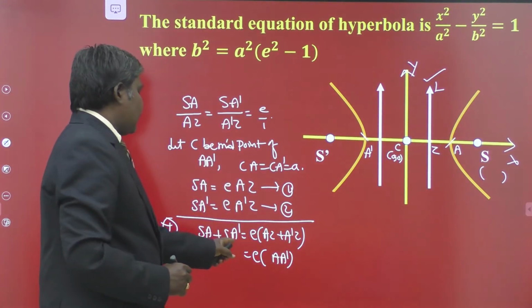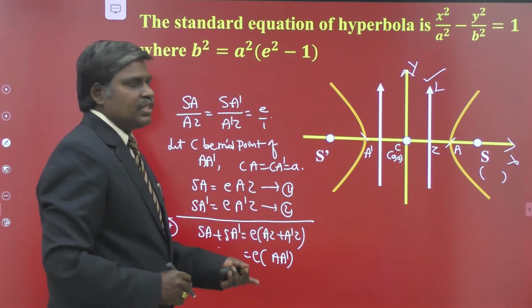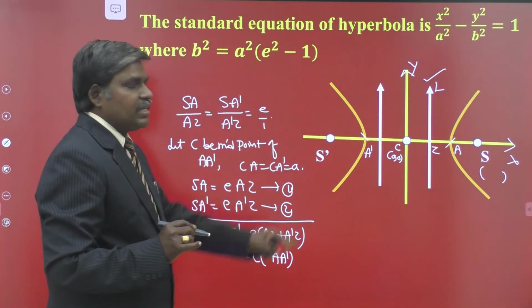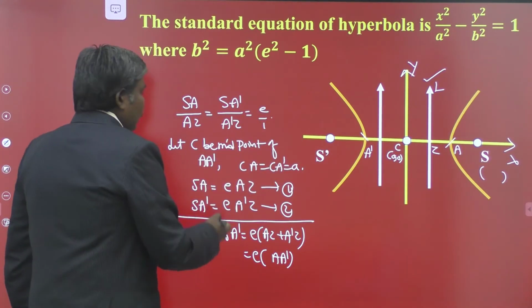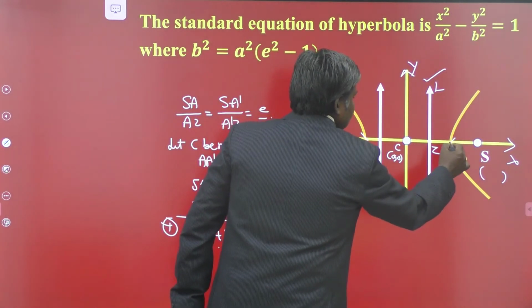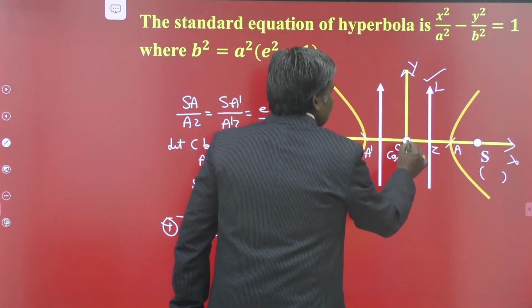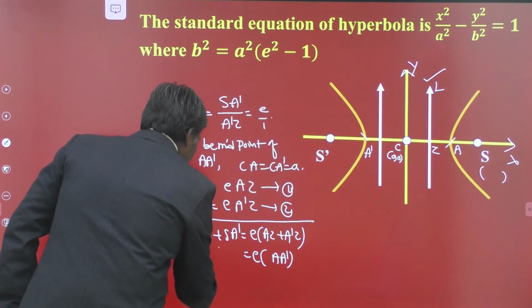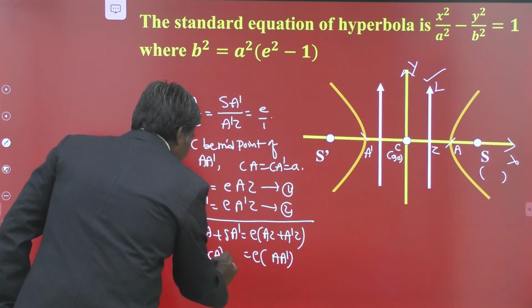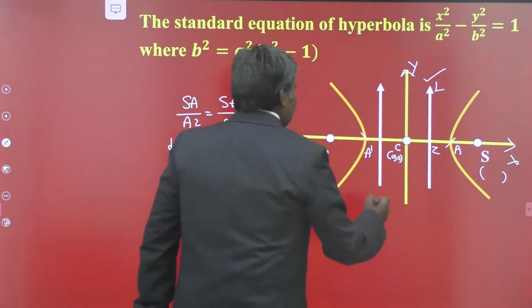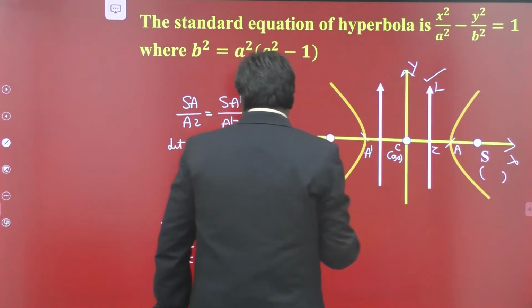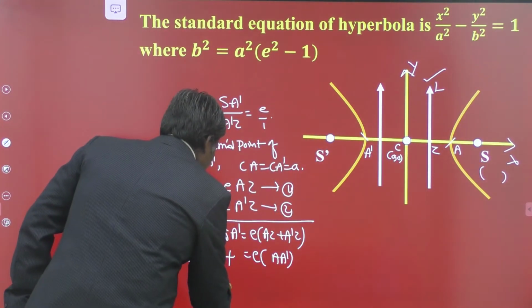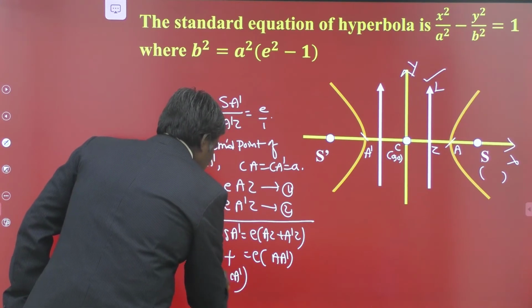Now SA and SA dash can be written in terms of C, because we are doing all this to get the coordinates of S and the equation of directrix L. Now SA, what is SA? The distance from here to here. You write it in terms of C, that is CS minus CA, plus SA dash. This is SA dash, which is nothing but CS plus CA dash.